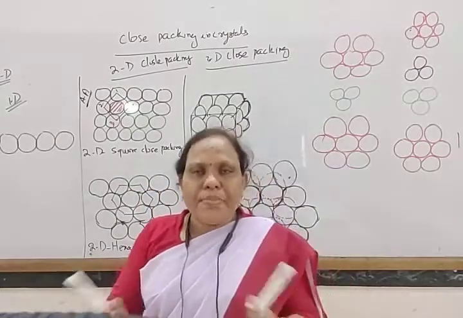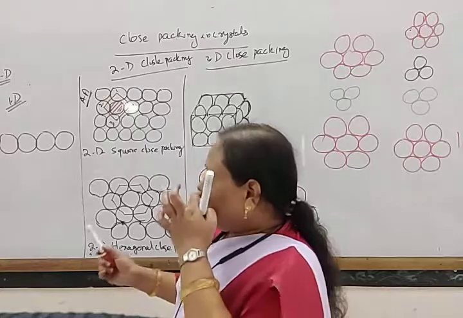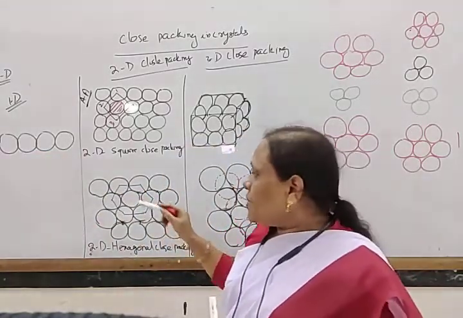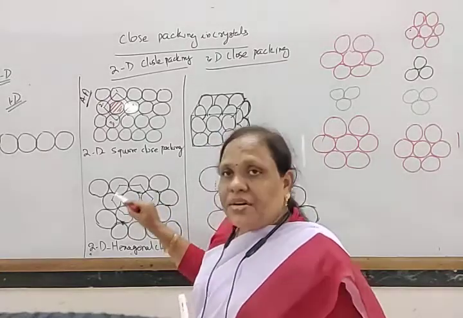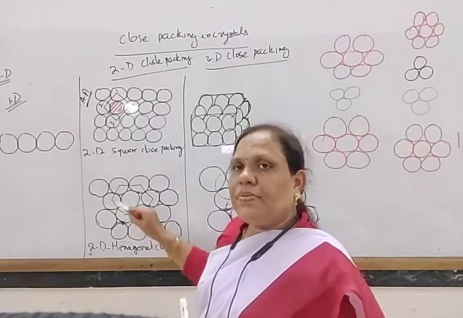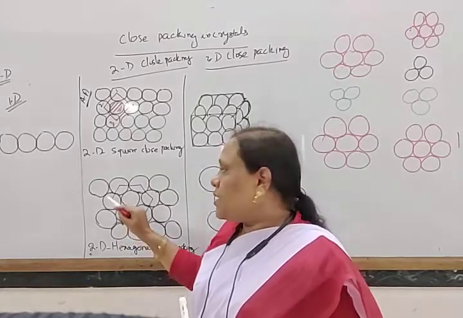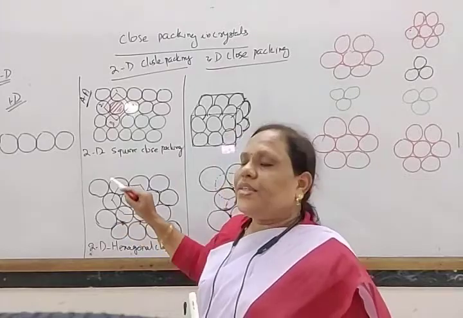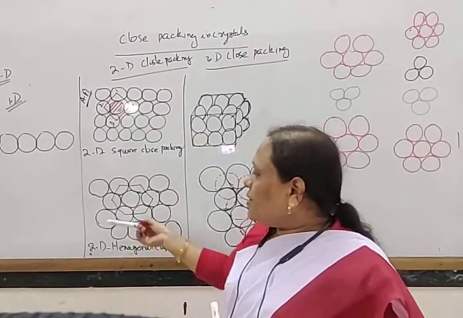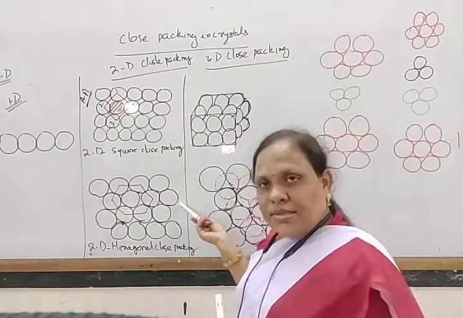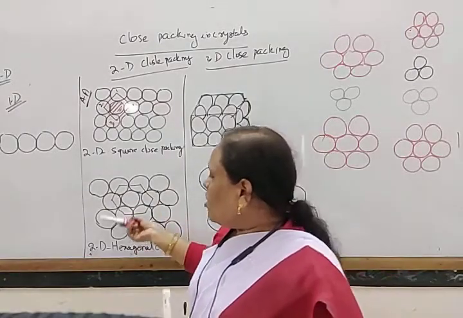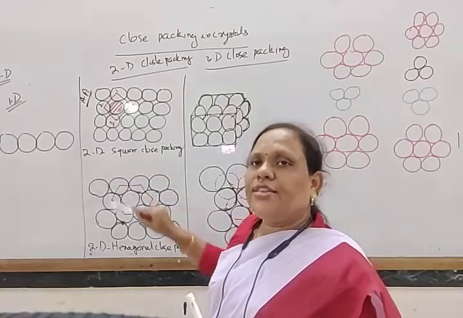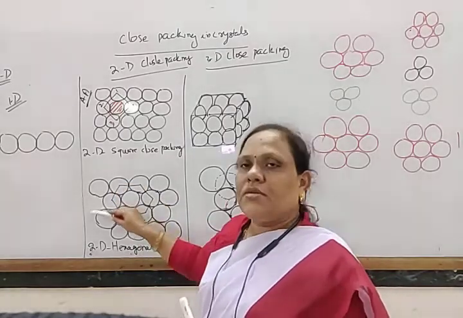Next, another type of arrangement is also possible. If one layer remains just above another layer such that the spheres sit in the depressions of two other spheres of the first layer, that is one type of arrangement. Again the third layer is similar to the first layer, and the fourth layer is similar to the second layer.